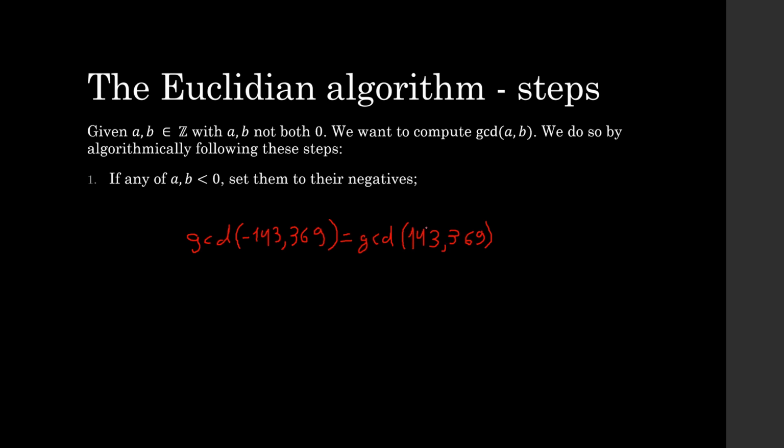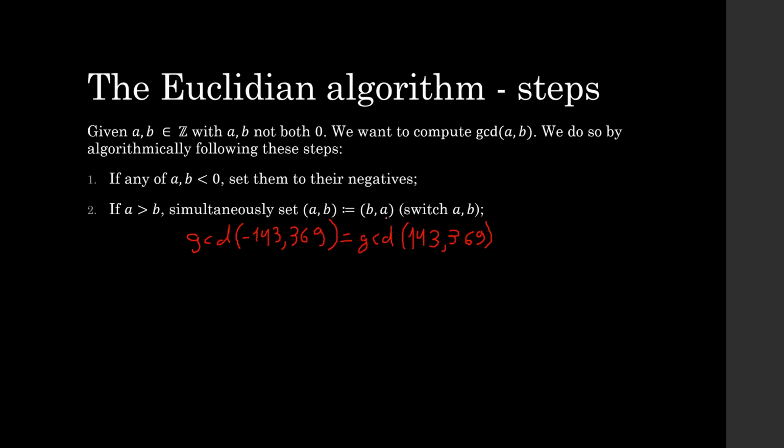It's a simple step. The next step has basically the same kind of meaning, and it's only ordering things around so that the computer can deal with some specific order of our two inputs. If a is bigger than b, because I'm computing the GCD of a, b, I'm simply going to switch around a and b. That's what I mean here by simultaneously setting a, b to b, a.